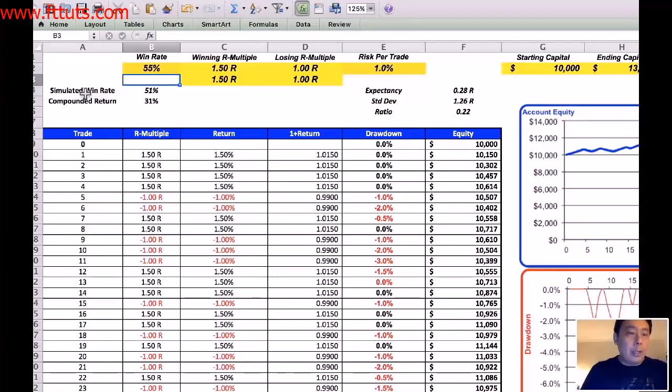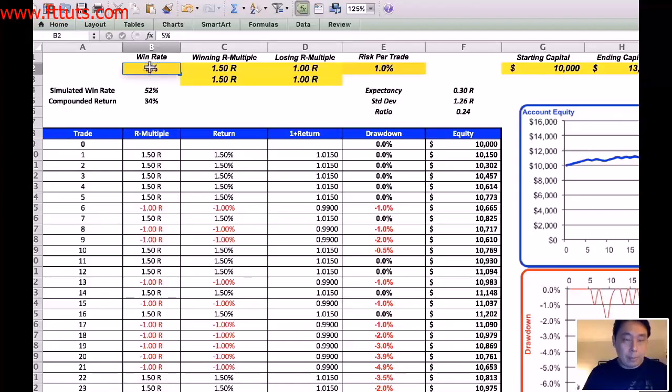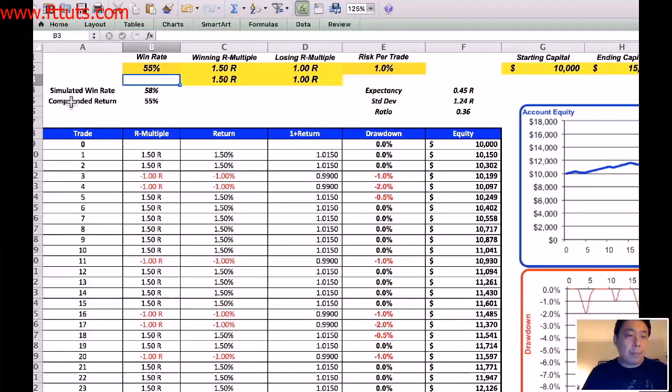Now, can you see the simulated win rate over here that says 51%? Notice every time I key in 55, I get a different figure. Why? Because this is a simulation based on random number generators. Let me give you an example. If I toss a coin, what is the theoretical win rate of heads? 50%, right? But if I toss it 100 times, I don't always get 50 heads and 50 tails.